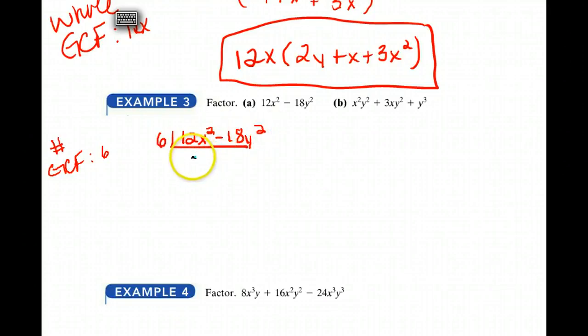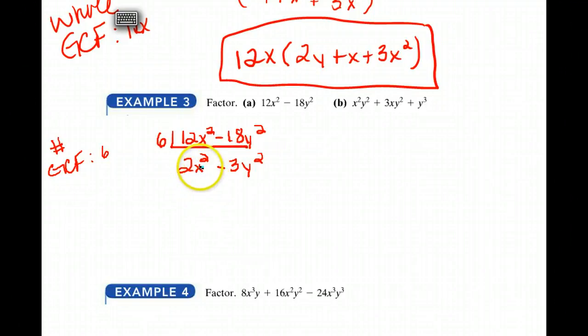And now we're going to prepare for division. 12x squared divided by 6 leaves us with 2x squared. Negative 18y squared divided by 6 leaves us with negative 3y squared. At this point, we're going to look at the new expression we created to see if there's anything in common that we can remove. 2 and negative 3 do not have any further common factors.